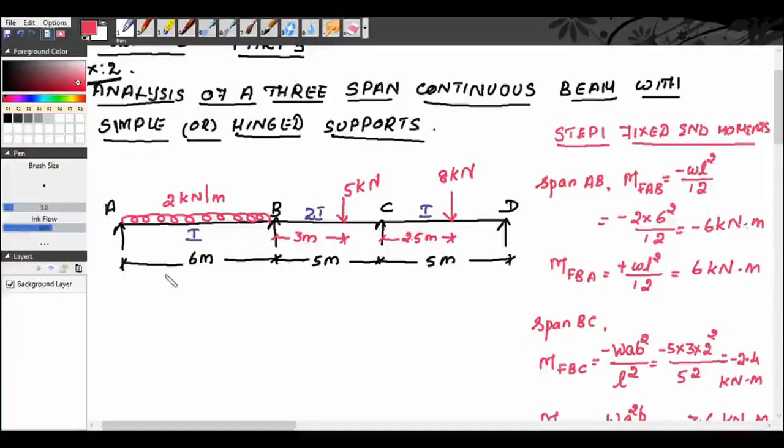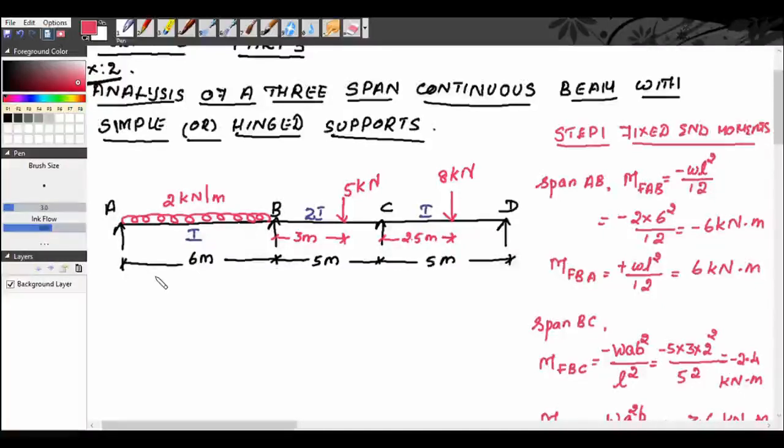We have to find the distribution factor for every joint where more than one member acts. Here we have joints B and C where more than one member acts. At joint B we have 2 members and at joint C we have 2 members. So we have to determine the distribution factor for joint B and for joint C.